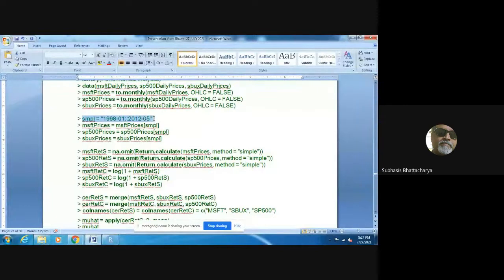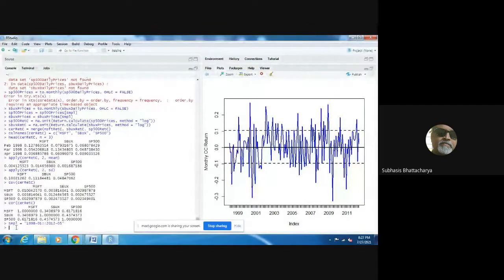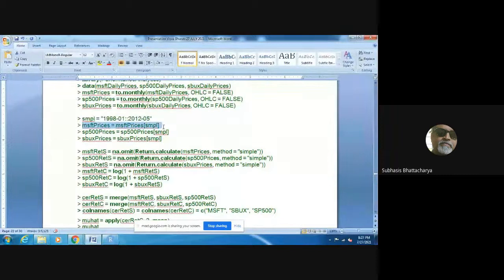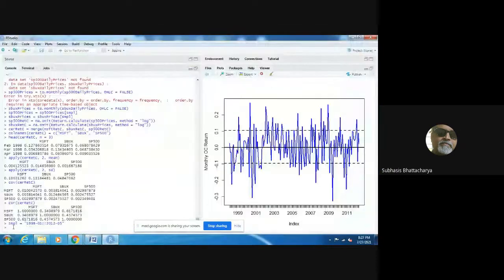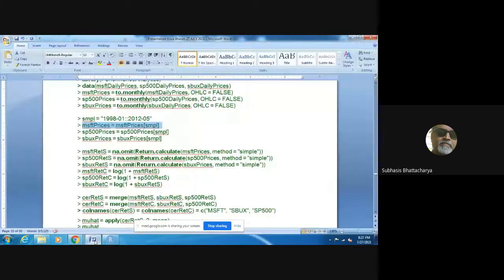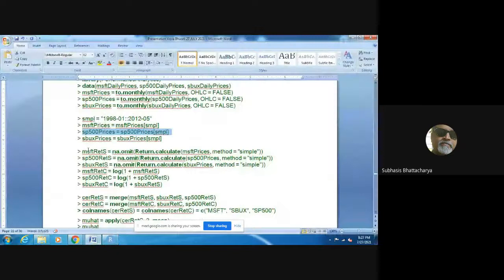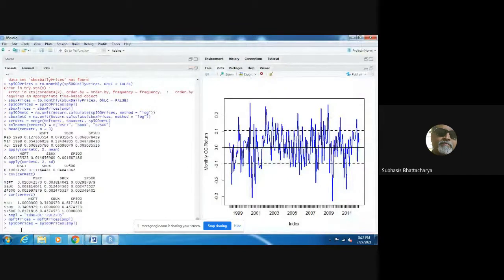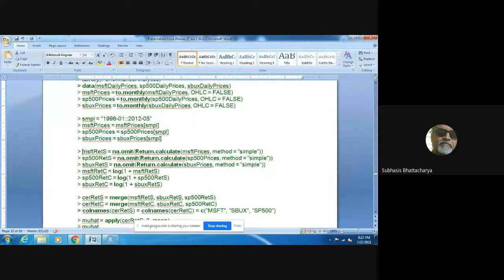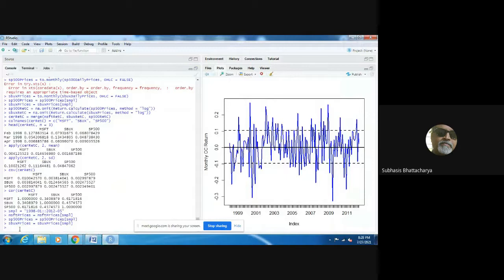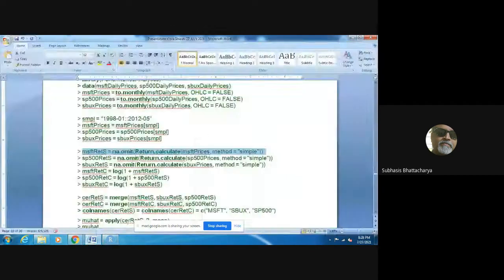So from here, if we start, what we are going to do is try to relate mean and variance, because mean is the representative of return and variance is the representative of risk.